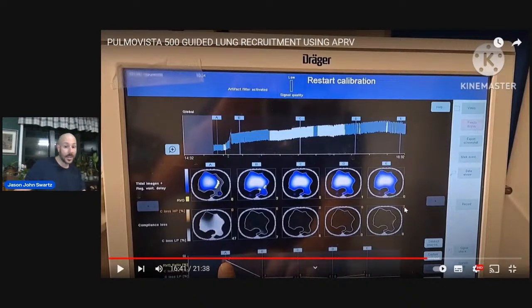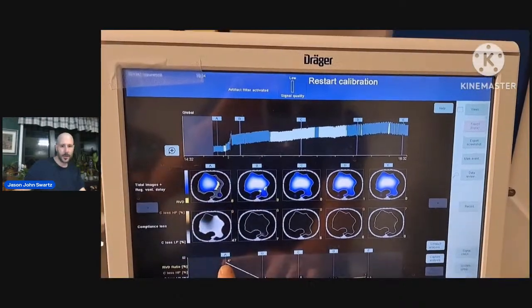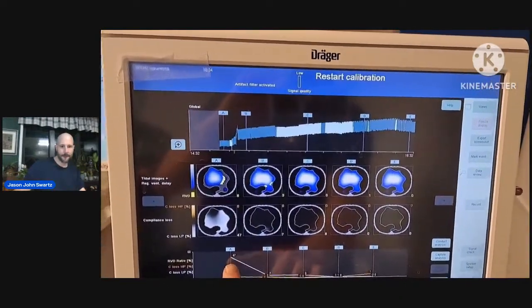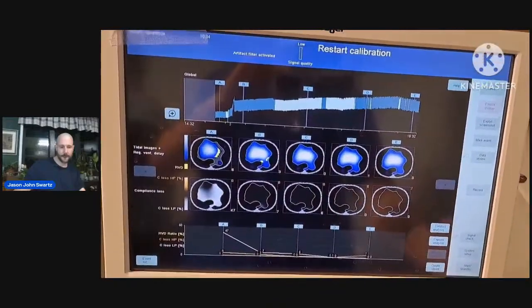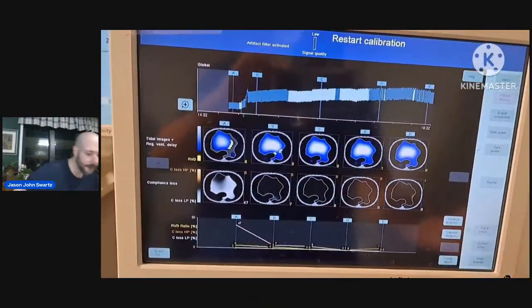But it's in orange, indicating compliance loss. So anyways, this is the conundrum that we find ourselves in. I can't even go below 30. When we were on pressure support, the tidal volumes were 10 to 8 mLs per kilogram, but half the lung was not making ventilation.